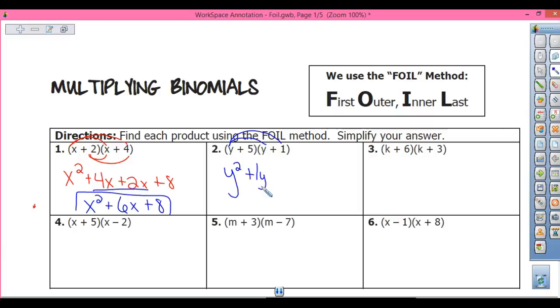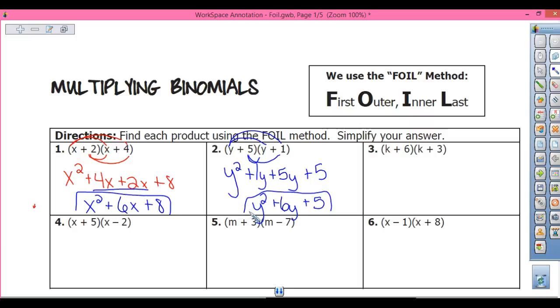Then what do I have to multiply? 5 times y, and I get plus 5y, and then 5 times 1 plus 5. Combine your middles, and we get y squared plus 6y plus 5. Cool.